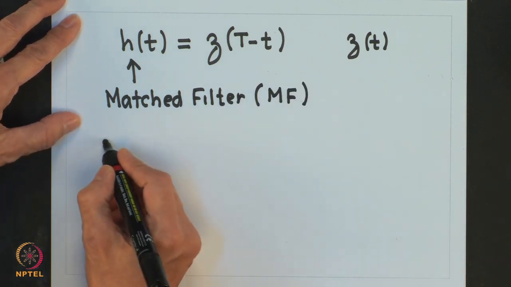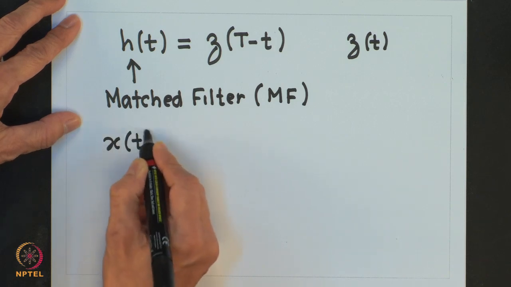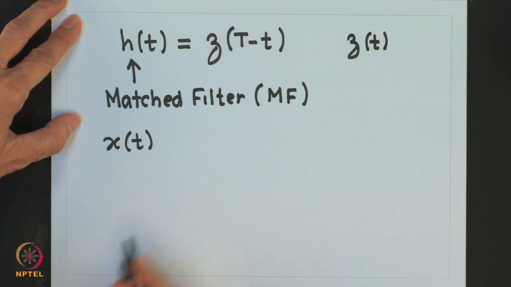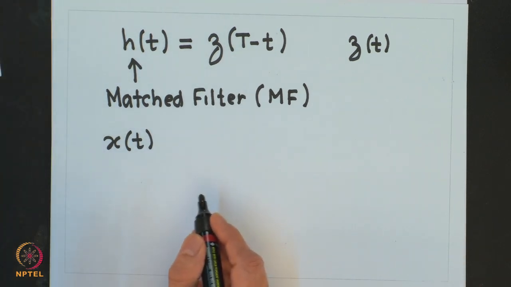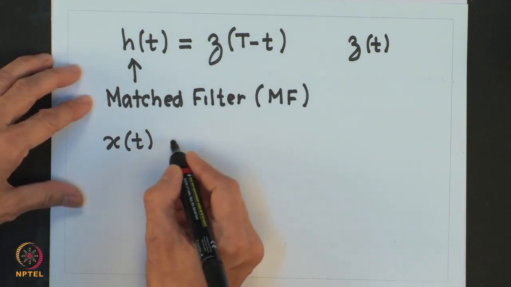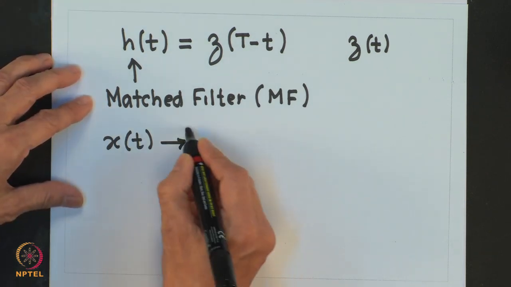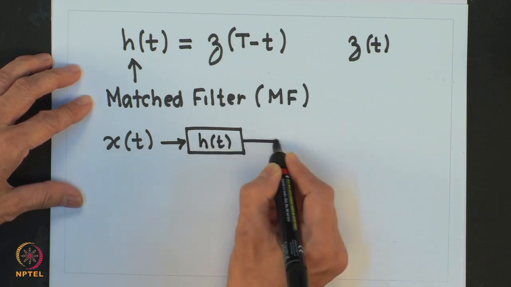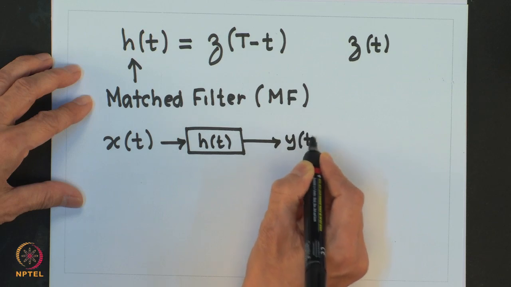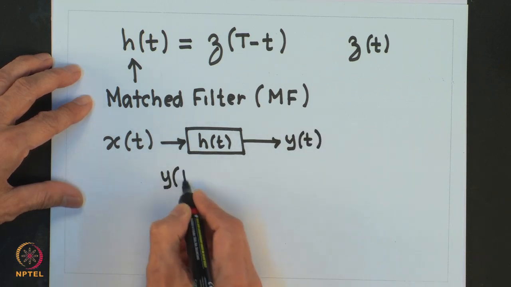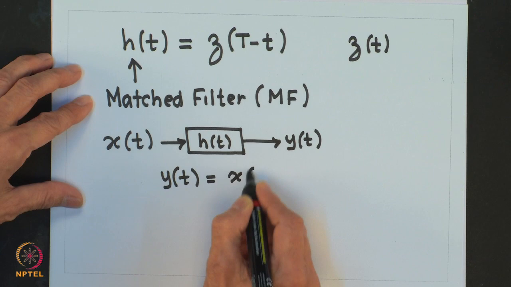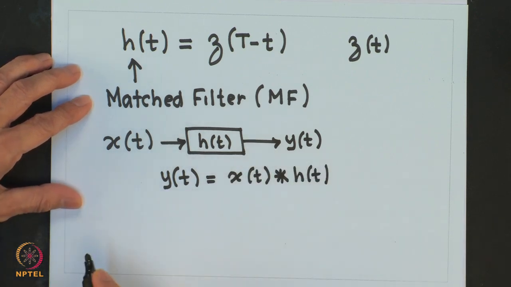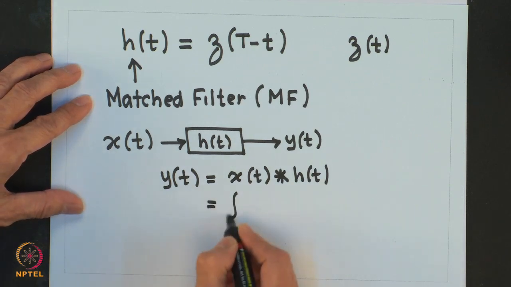Now let us assume that you have the input x(t) to this filter h(t). Let us compute the output for this. y(t) is equal to the convolution of x(t) with h(t).